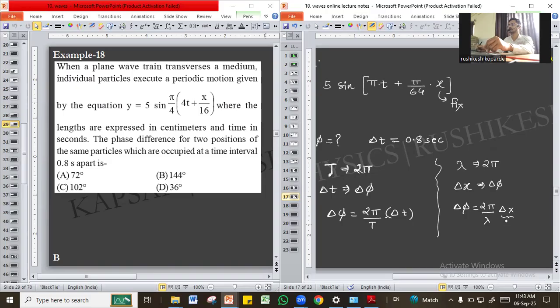This distance traveled is called path difference. This is called phase difference. This is called time difference. This is called phase difference.